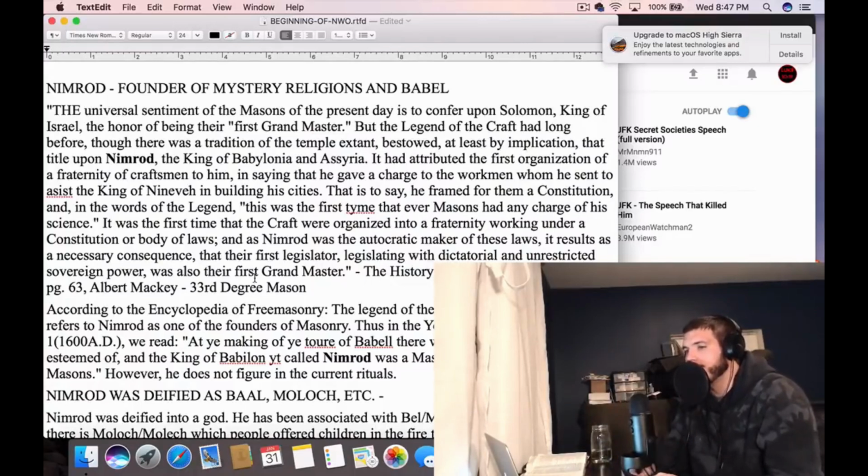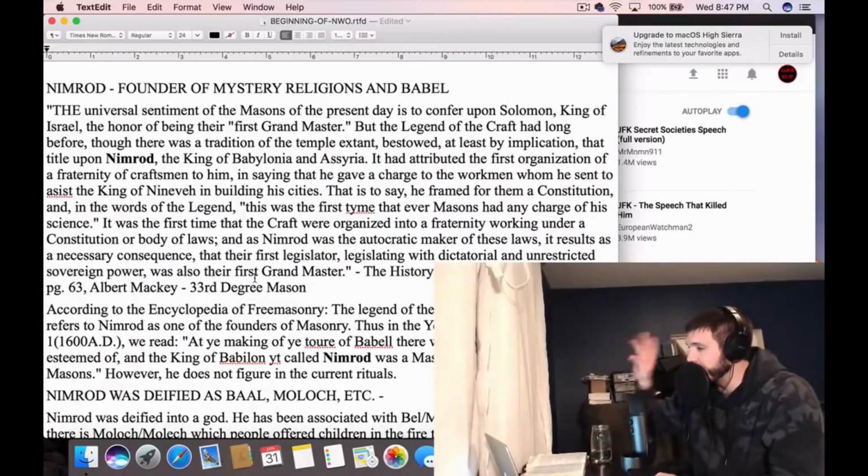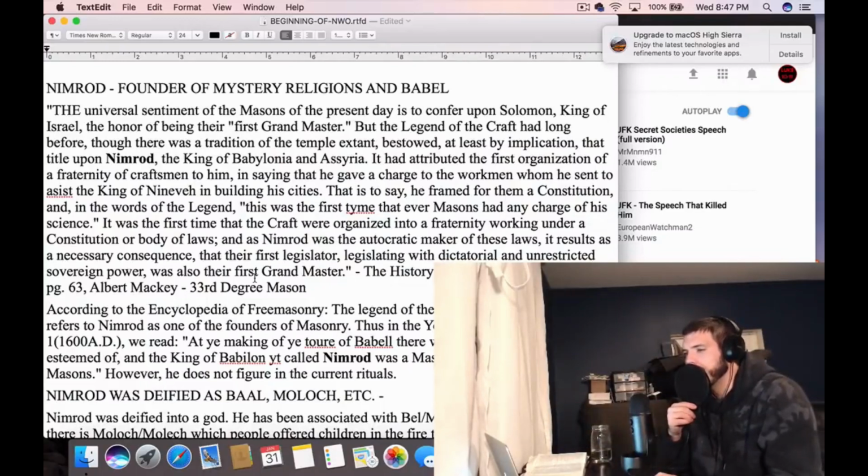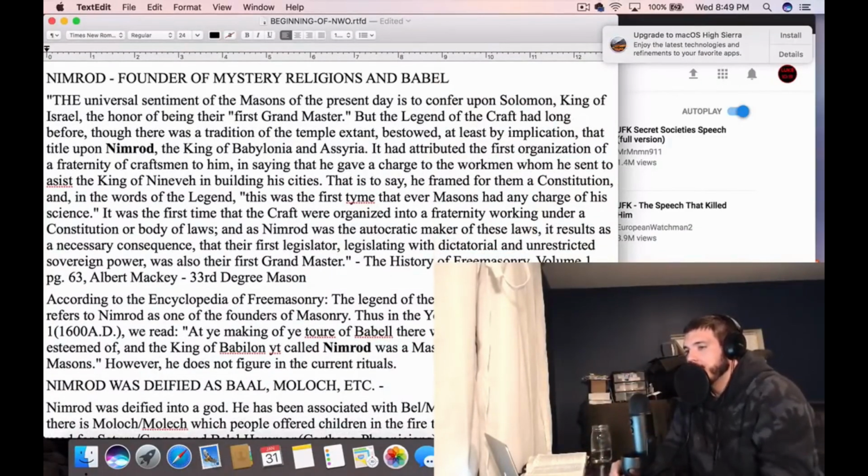Here's the quote. "The universal sentiment of the Masons of the present day is to confer upon Solomon, king of Israel, the honor of being their first grand master. But the legend of the craft," by the way, they call Freemasonry the craft, capital C, "had long before, though there was a tradition of the temple extant, bestowed, at least by implication, that title upon Nimrod, the king of Babylonia and Assyria."